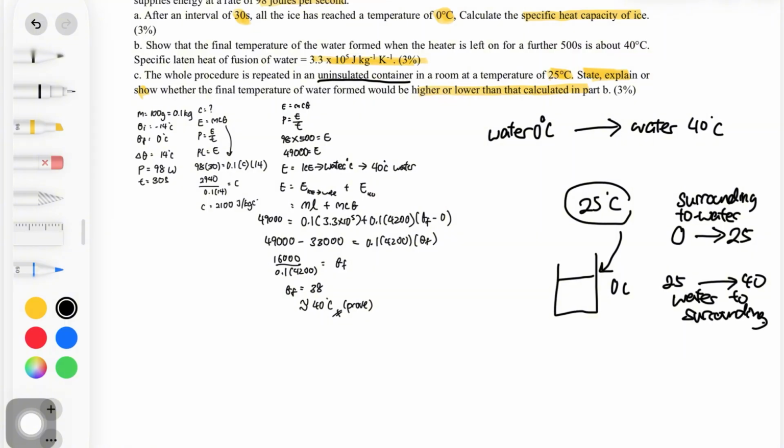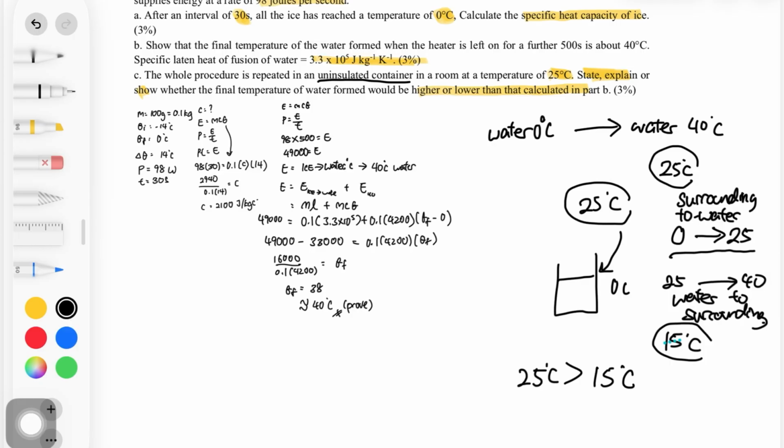By this fact we can understand that the period from 0 degrees Celsius towards 25 degrees Celsius is a total of 25 degrees Celsius, which is a lot more than the 15 degrees Celsius from water to the surrounding. So 25 is much bigger than 15, which means the final temperature of the water formed should be higher.